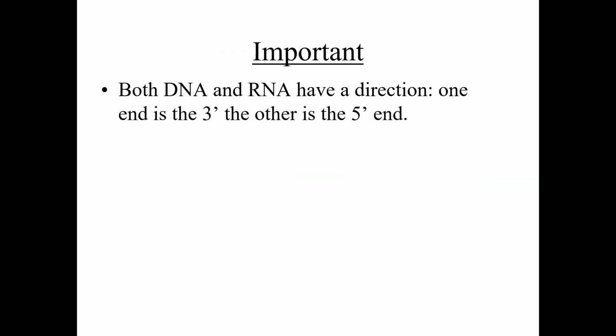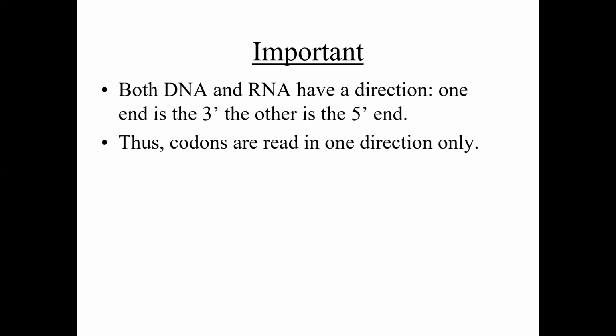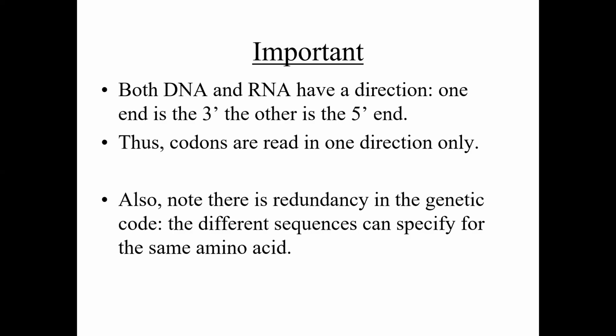So both DNA and RNA have a direction. One end is the 3' and the other end is the 5' end. And the codons are read in one direction only. There is redundancy in the genetic code. It means different sequences can specify the same amino acids.